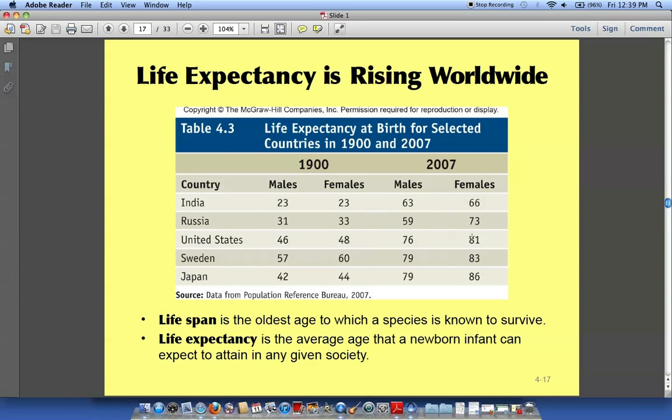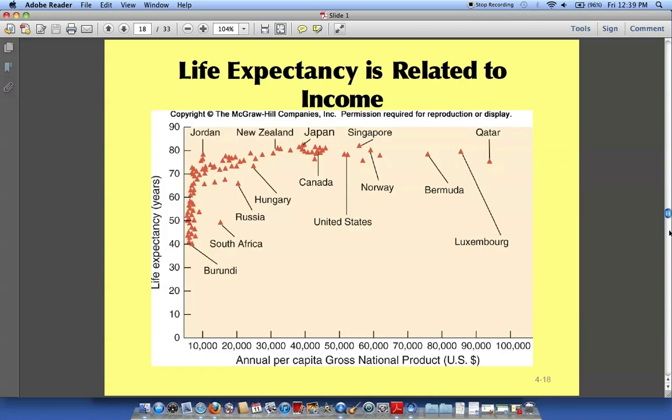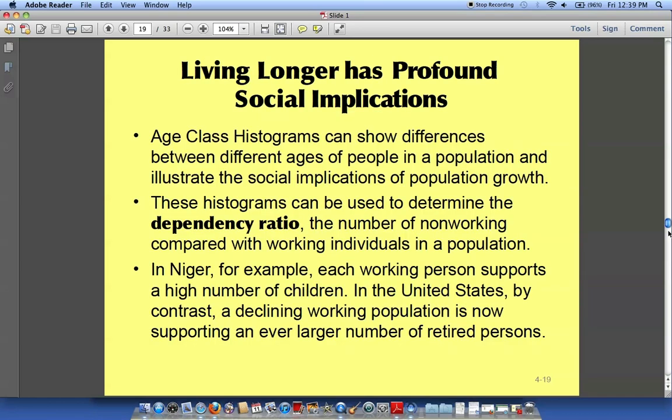But now people are living past 50, and some people are living way past 50. So what's that doing to our population? If nobody ever dies, what's going to happen? Is life expectancy related to income? Here's another view. Yes, there are profound impacts.